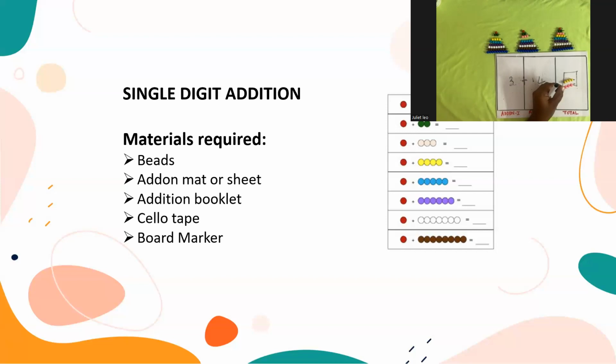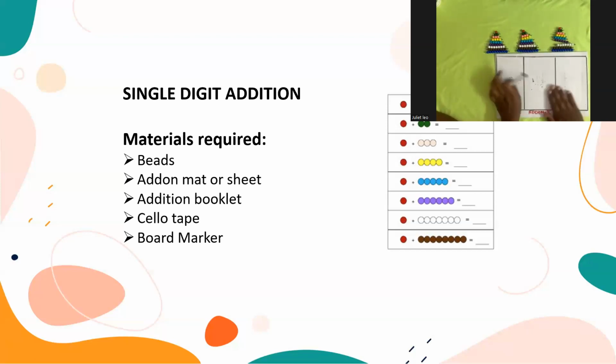Sometimes the kids start to count the other beads again as 1, 2, 3, so we need to use the phrase 4, and after that, 5, 6, 7. So now I am going to take the 7 beads. If the child can write, the child will write 7 here, or else we may write it. So first we introduce addition in this particular way.